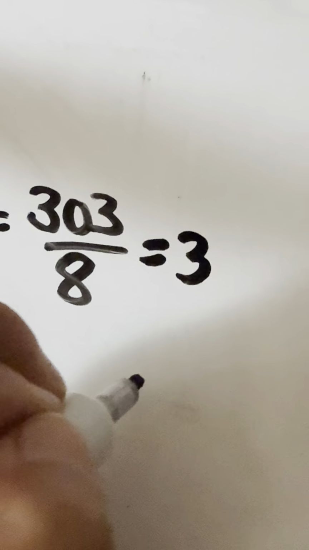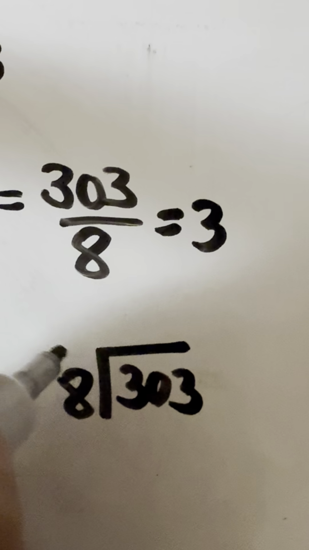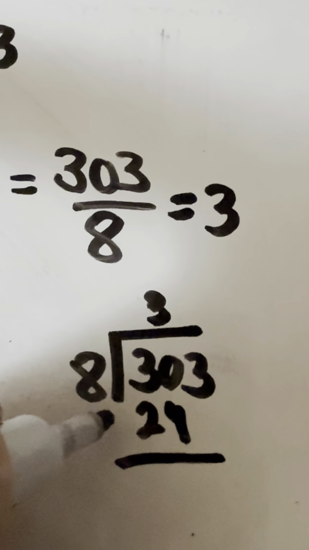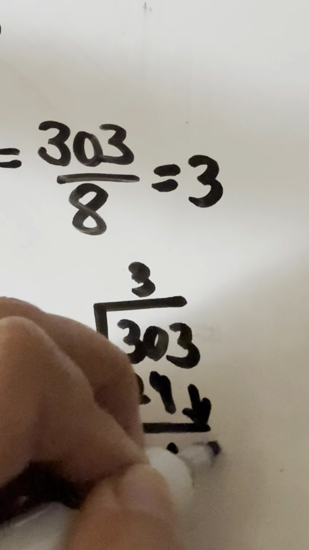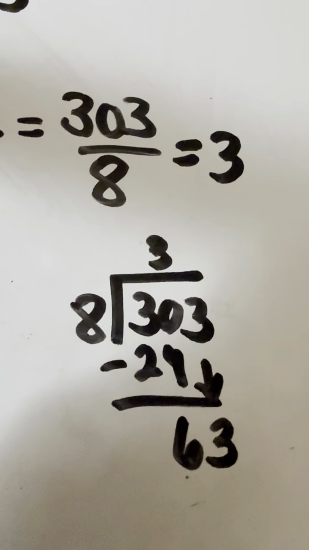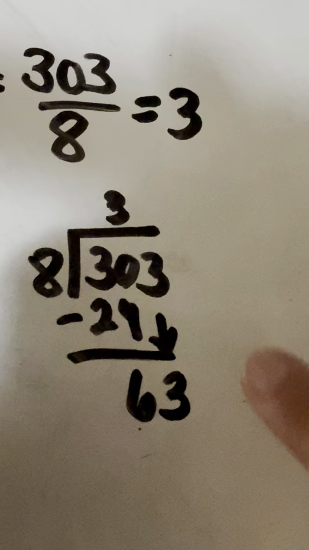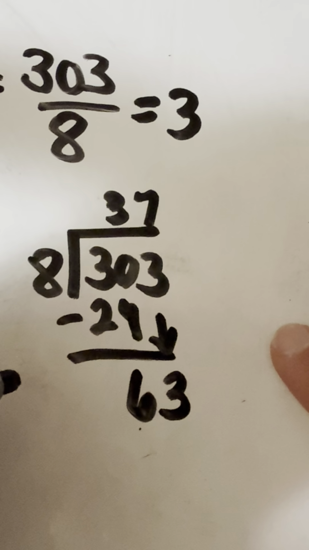I'm just going to show it to you guys so you can see. So we've got 8 going in here 3 times, which is 24. Subtract this, you're going to end up with 6. We're going to bring the 3 down. And then you're going to say, okay, so 8 can go into 63 how many times? Well, it can't go in 8 times because that's too much, unfortunately.